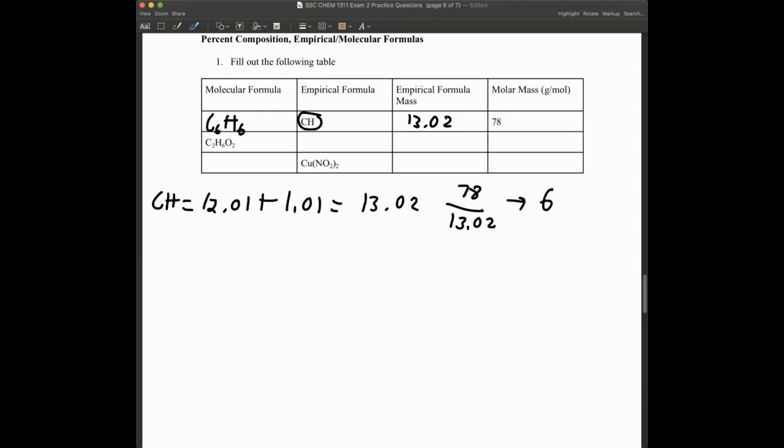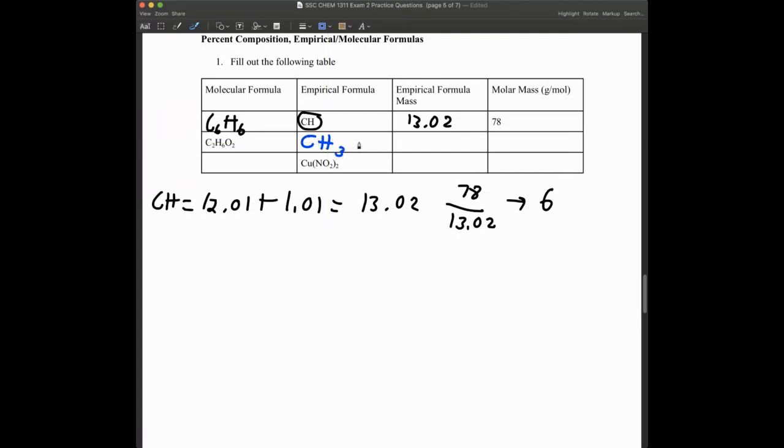Any questions on that? Okay, cool. So we have a molecular formula right here in the second problem. If we have a molecular formula, what can we multiply these numbers by? I mean, divide these numbers by? 2, right? So when we simplify it, or we divide by 2, what do we get? CH3O.